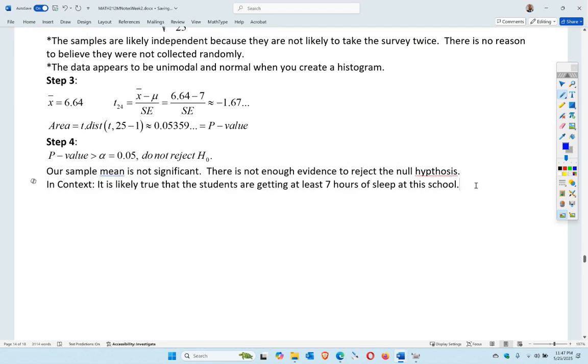So what could have happened here is this test has a likely type 2 error, because we did not reject the null hypothesis.